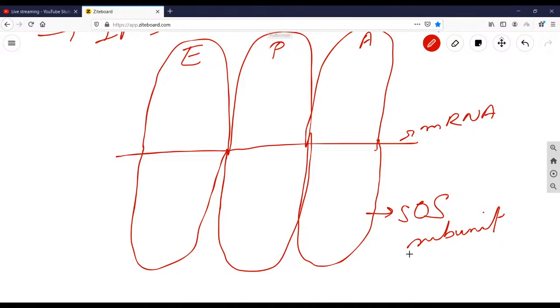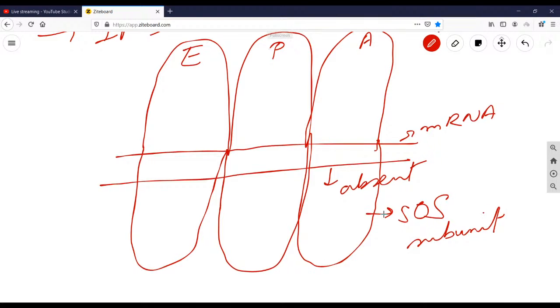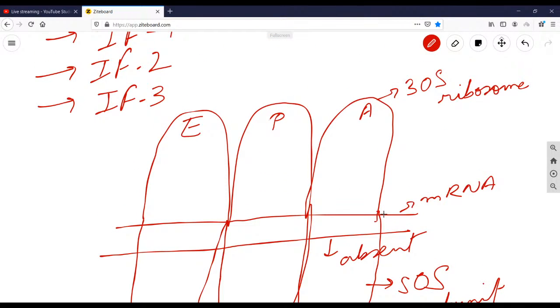But during the initiation phase, this is absent. Only the half sites are present, half A, half P, and half E sites of the ribosome. The A site is known as the aminoacyl site, the P site is the peptidyl transferase site, and the E site is the exit site.